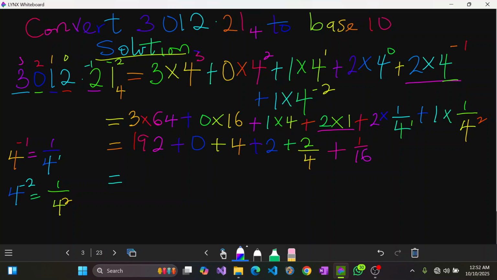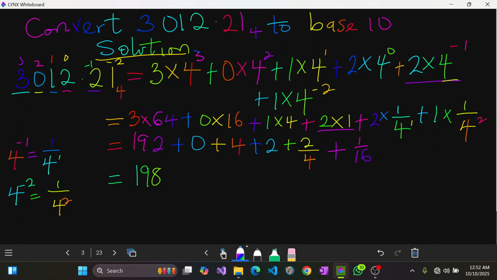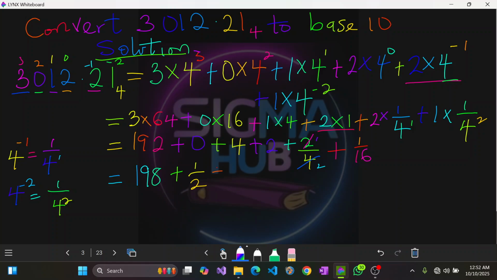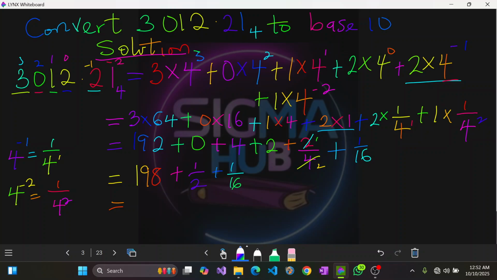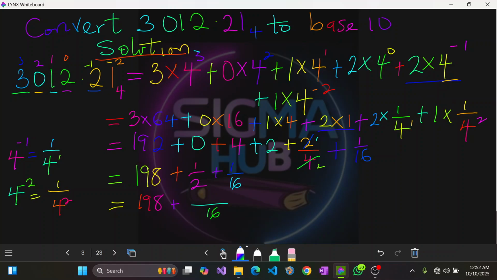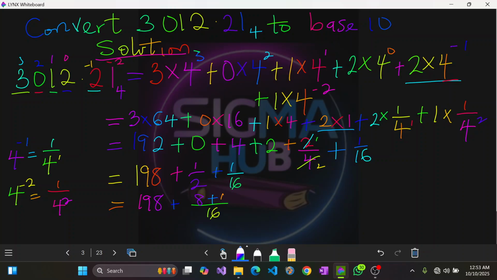We have 198 plus 1 over 2 plus 1 over 16, which is going to give us 198 plus, so the LCM of 2 and 16 is 16. 2 in 16 is 8, 8 times 1 remains 8. Plus 16 in 16 is 1, 1 times 1 is 1.